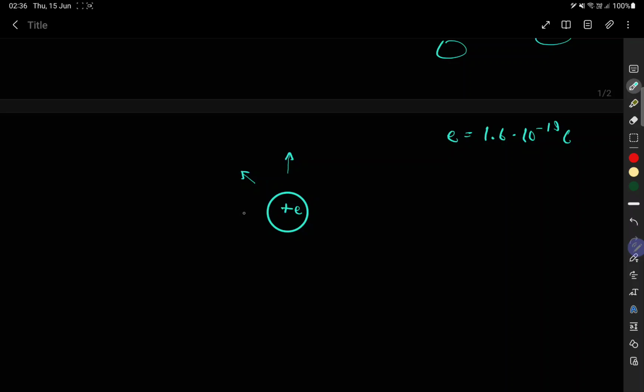Okay, so we will generally observe that for a proton in the middle of nowhere, all electric field lines should flow outward.